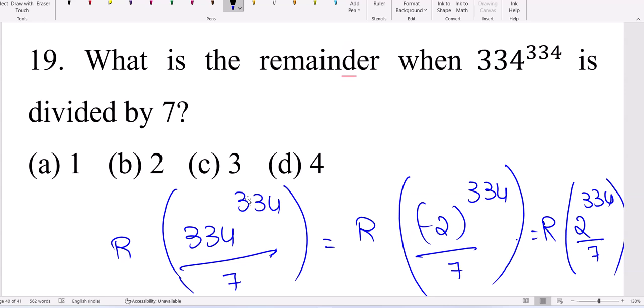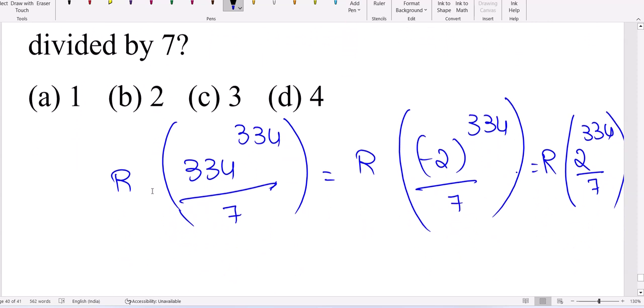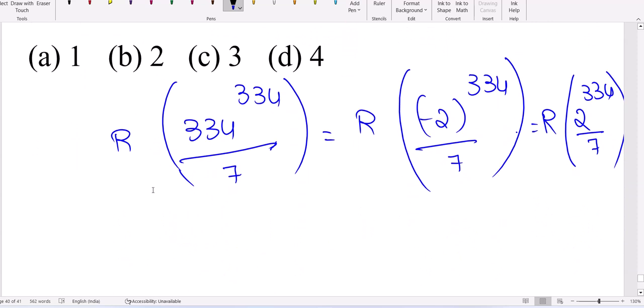Every question ends with 1 power something or minus 1 power something, definitely, or else that question cannot end, as the powers are huge. So 2 cube is required.